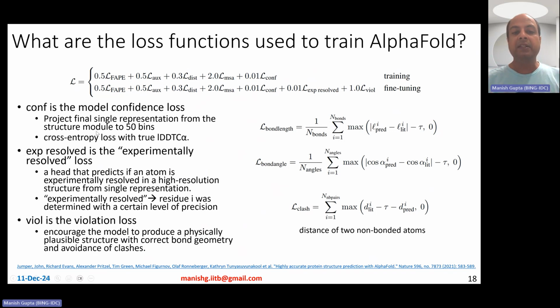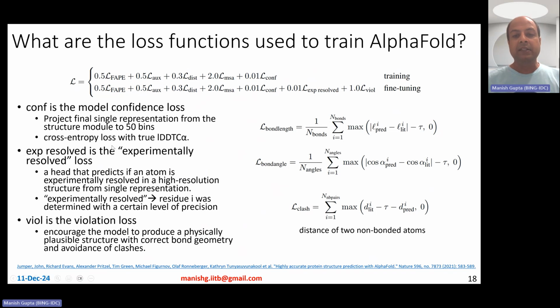The idea is that it should be able to predict the pLDDT, the lDDT C alpha, a metric that you can compute from true molecules. This head is also trained as part of training. And the nice point is, given a test sample, you can use this network to predict across 50 bins the confidence level about the correctness of your 3D structure prediction.